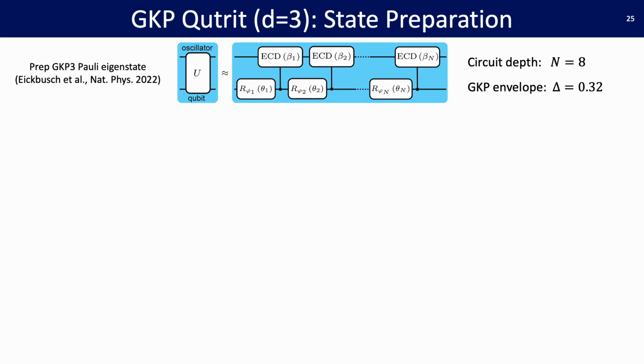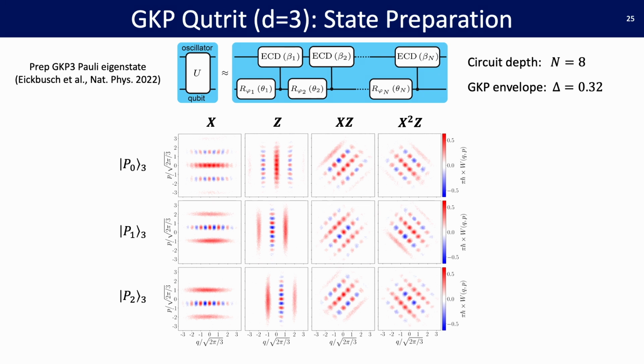In particular, we want to optimize for the unitary that brings our cavity from the vacuum state to our desired Pauli eigenstate. We can perform this optimization over all of these parameters, theta n, phi n and beta n, offline, and then play the resulting pulses in our experiments and perform Wigner tomography to verify that we are indeed preparing the desired Pauli eigenstates.